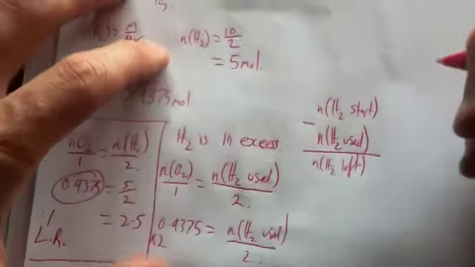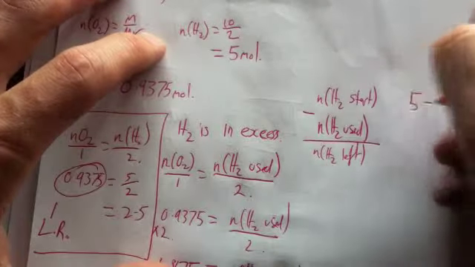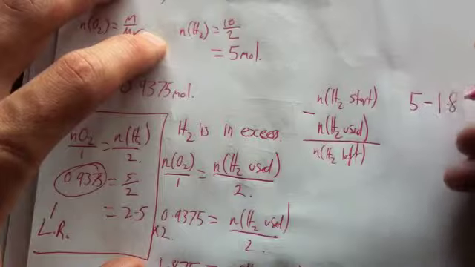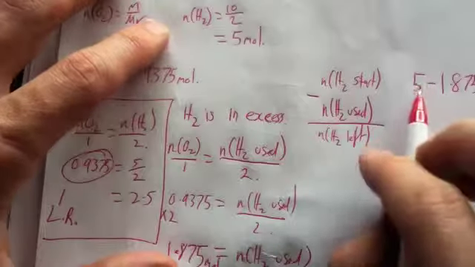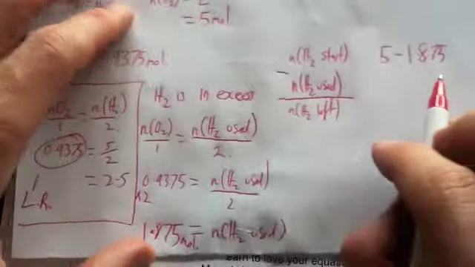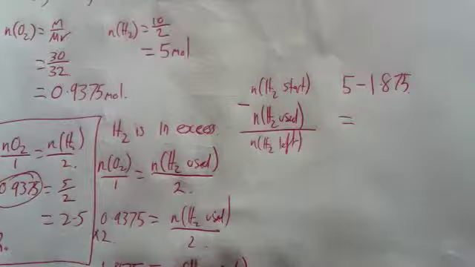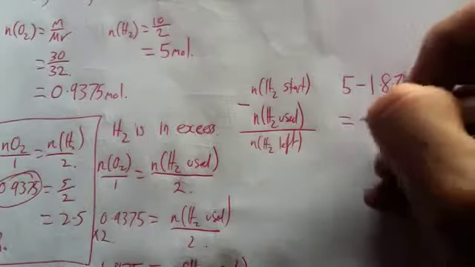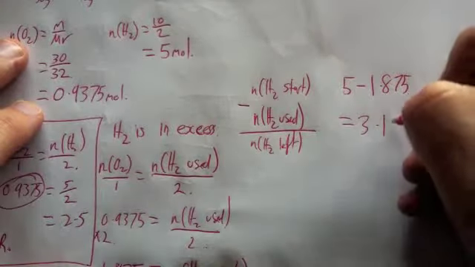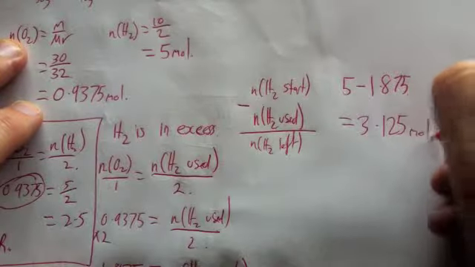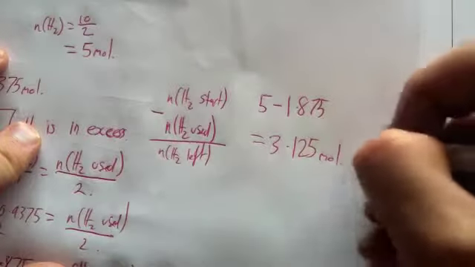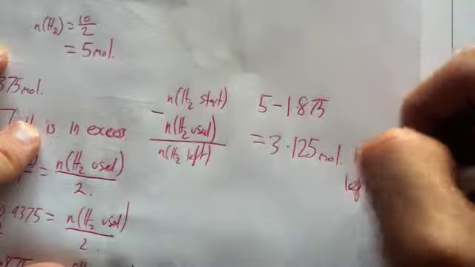So 5, which is how much we started with, take away 1.875, which is how much we calculated was used, equals how much is left. That is 3.125 mole of H2 left.